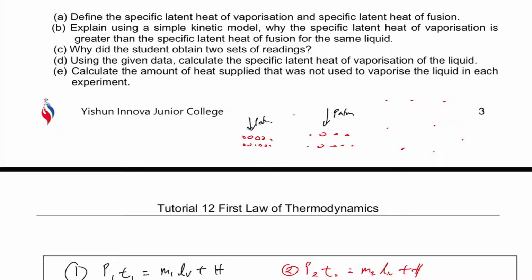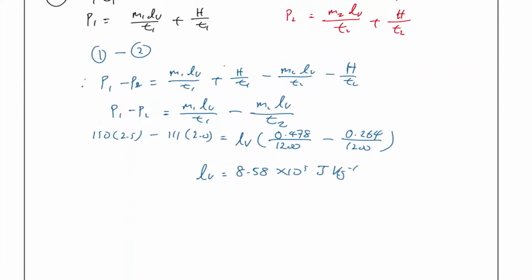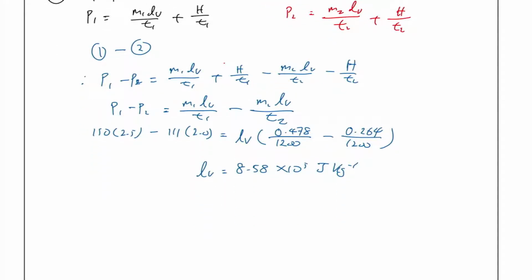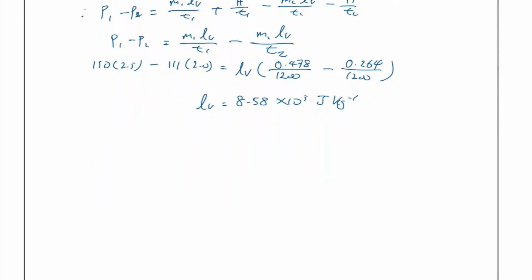Once I work out LV, I just need to sub LV into equation 1 or 3. So let's sub LV equals 8.58 times 10 to the power 5 into equation 1.